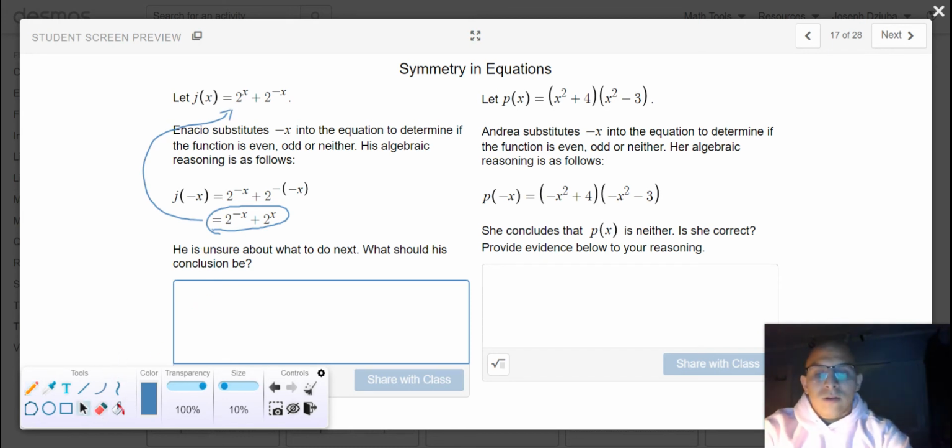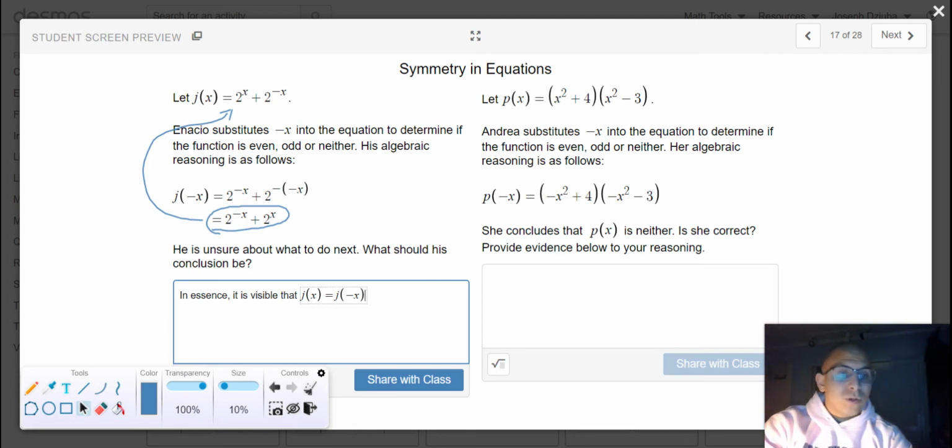So, in essence, it is visible that j of x is equivalent to j of negative x, because when we've substituted the opposite of the original input, we still wound up with the same exact function.